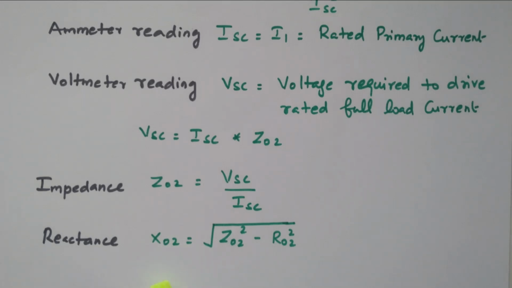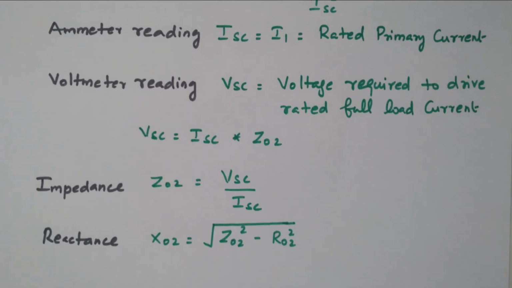So in this we have ammeter, voltmeter and wattmeter available. The wattmeter reads the copper loss. The input power given to the transformer we assume is equivalent to the copper loss, because iron loss is neglected because of low voltage. Because of high current, we consider only copper loss. The ammeter reads the short circuit current, because we are applying the rated current.